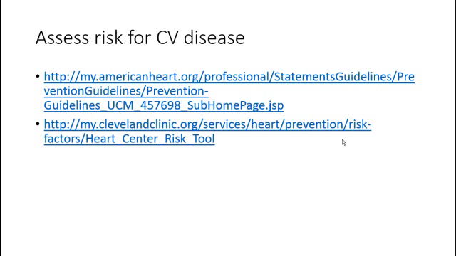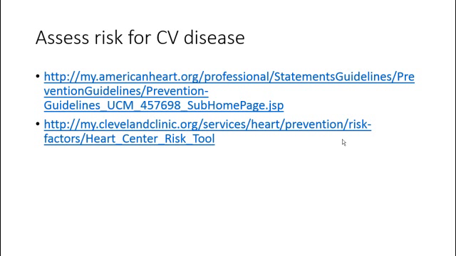The three major risk factors are high blood pressure, high blood fat levels, and smoking. The presence of any one of the risk factors has a synergistic effect. In other words, it's not just a linear increase, it's an exponential increase in the chance that somebody's going to develop coronary artery disease.